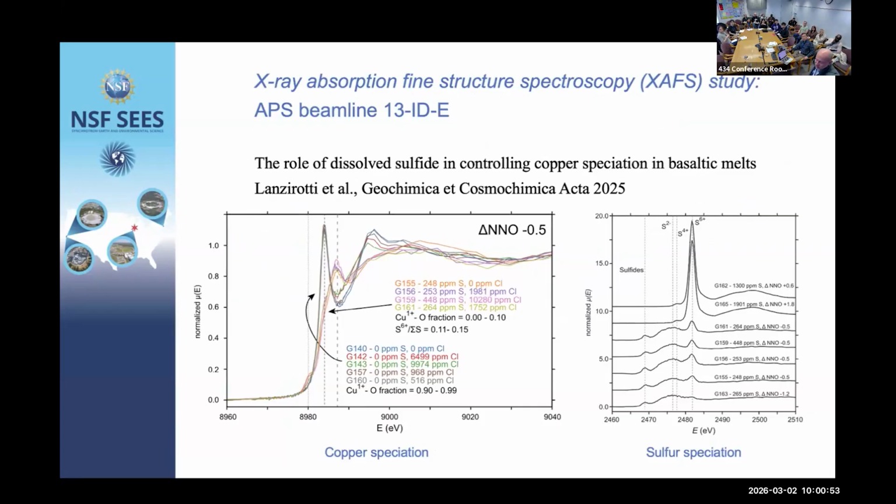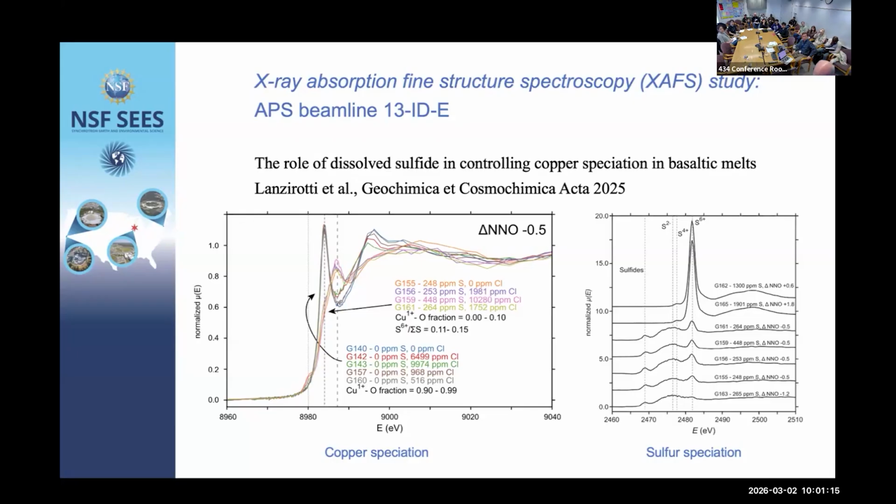This is a study that shows, in some quenched experimental glasses, what happens to the speciation of, in this case, copper or sulfur, as the redox state and the sulfur content are changed in the basaltic melt.